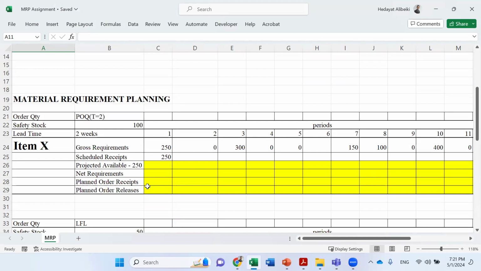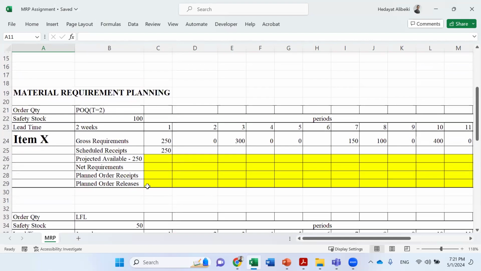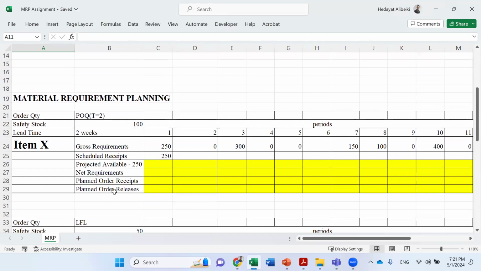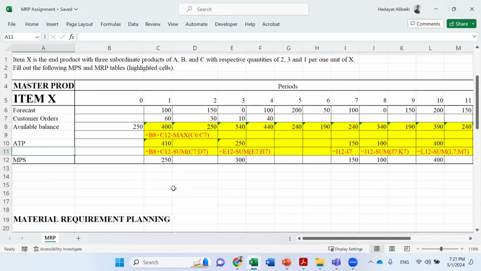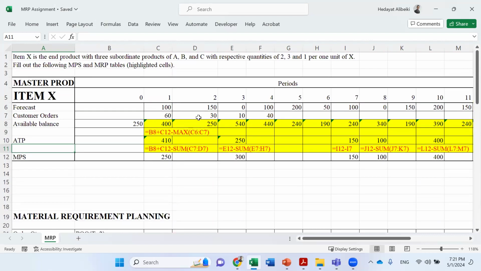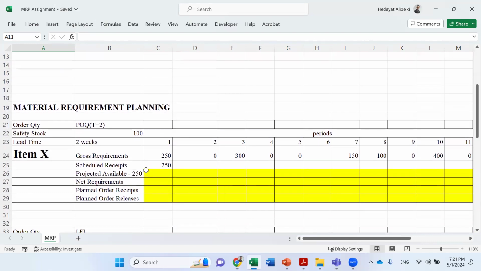Those are going to be your planned order receipts, and then you just plan for the release of orders, right? But in this case, if you notice, the values do not match the forecast. So it's a whole new thing, a whole different thing, this MRP, right?